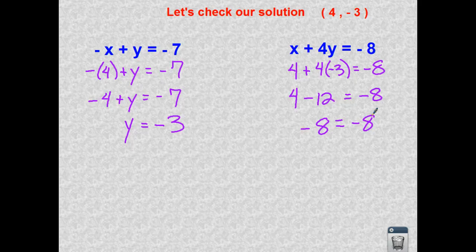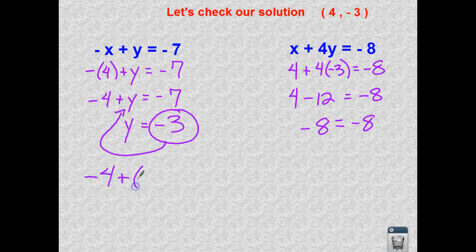If I know that y is -3, I would substitute it in right there. So we have -4 plus -3, and that should check out to be the -7, and it does. Okay, so our solution does check out to be 4, -3.